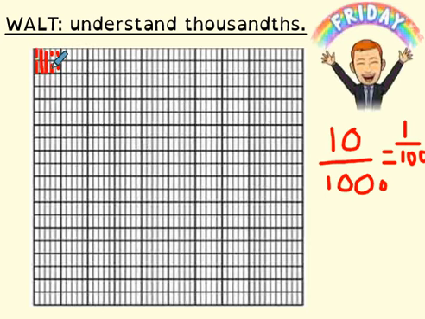So 10 thousandths is the same as one hundredth, which I can write as a fraction like so, or 0.01 as a decimal like that. If you can imagine, looking at the 1,000 square in front of you, each individual square is broken up into 10 further rectangles. 10 of those individual thousandths shaded in would give me one hundredth, which, as I've said, you can write like so.